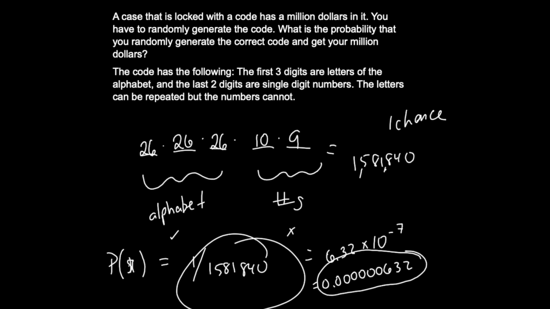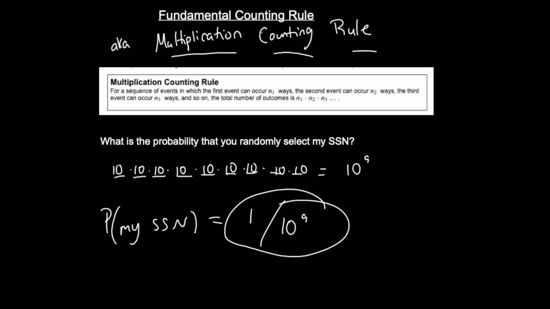It's $1 million. I'm not dealing with prayers and luck and all that. This is just, statistically speaking, okay? So this is what we call the multiplication counting rule or the fundamental counting rule to determine the total number of outcomes under these kind of conditions. So that's my first rule.